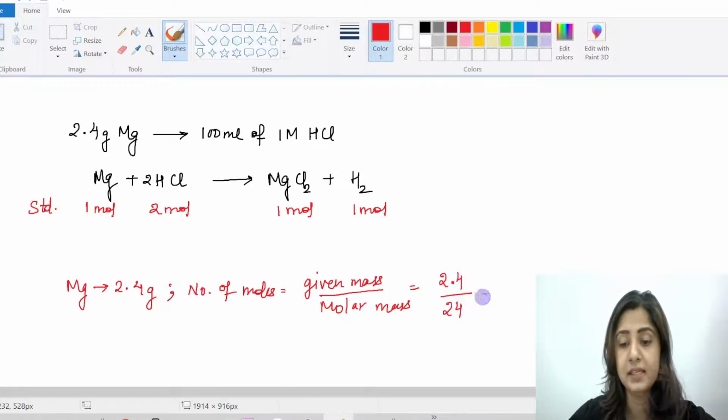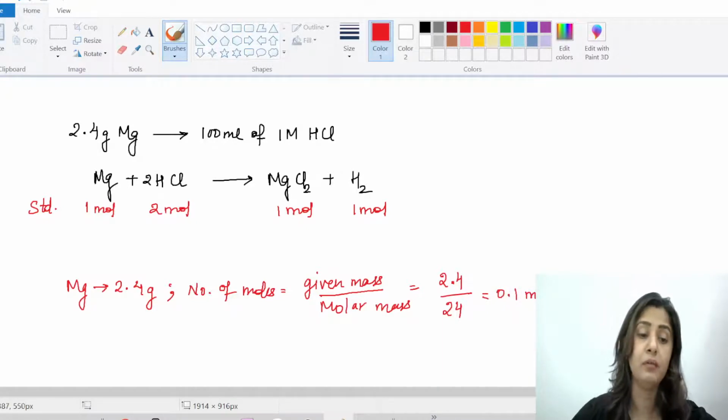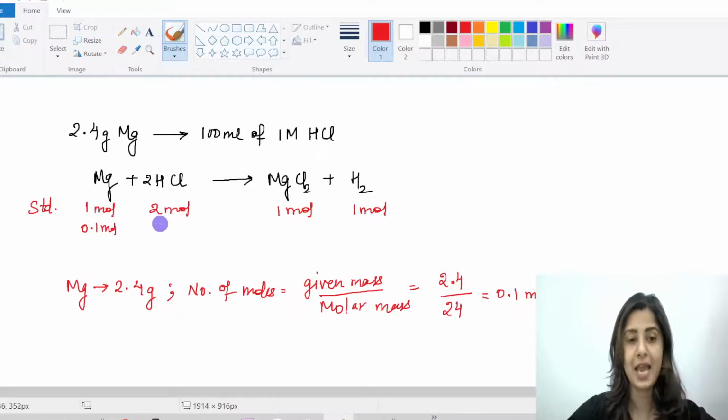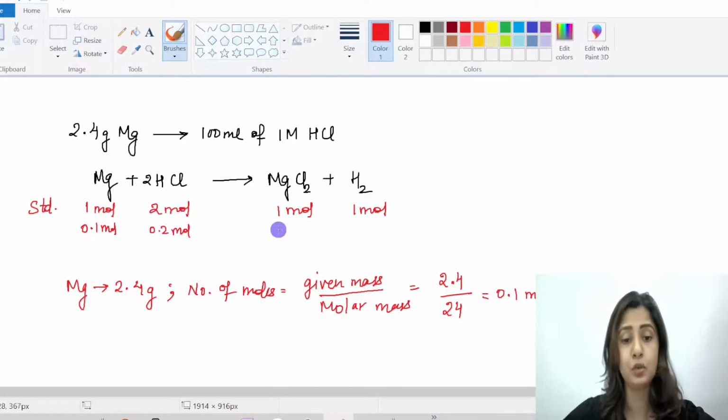So it's 0.1 mole. So we write what was given to us: 0.1 mole Mg. Just look at the equation. 1 mole of magnesium is reacting with 2 moles of HCl. So here 0.1 mole will react with obviously 0.2 mole of HCl, which will produce of course 0.1 mole of MgCl2 and 0.1 mole of H2.